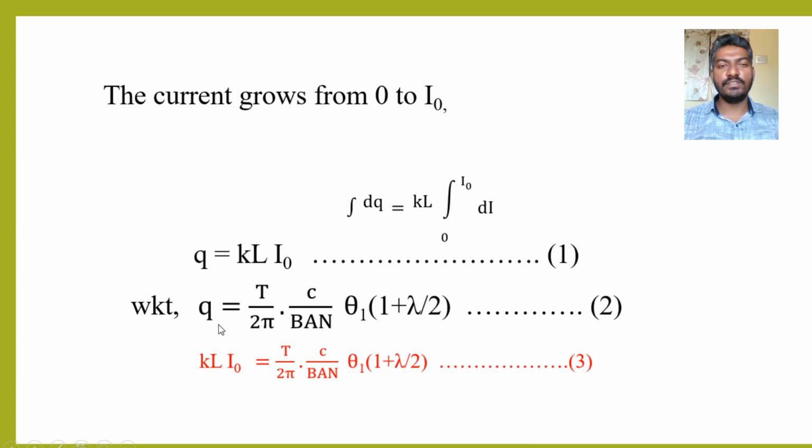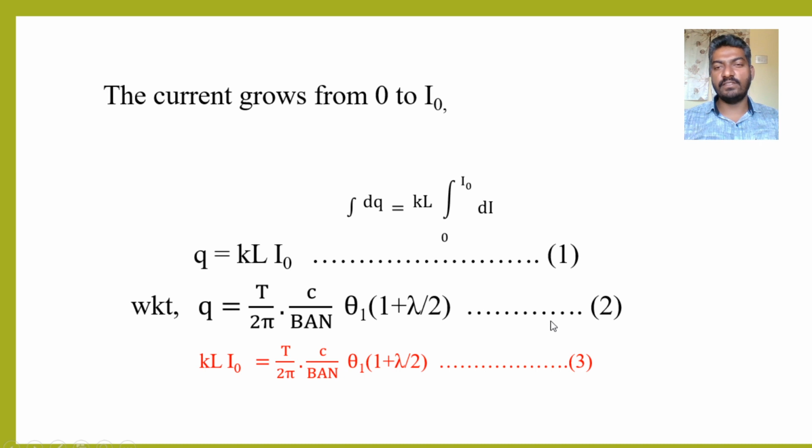We know that q is equal to T by 2π C by BAN, or C by BAN θ1 into 1 plus λ by 2. This is from the theory of ballistic galvanometer. If q amount of charge flows through the ballistic galvanometer, then the expression for charge q is this.